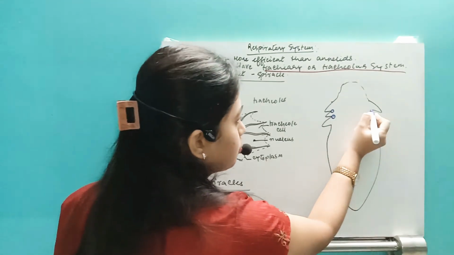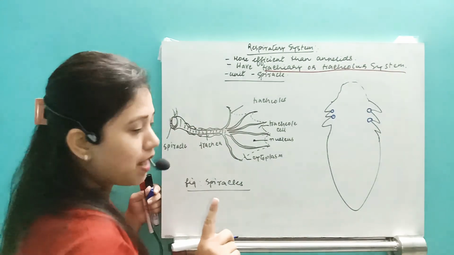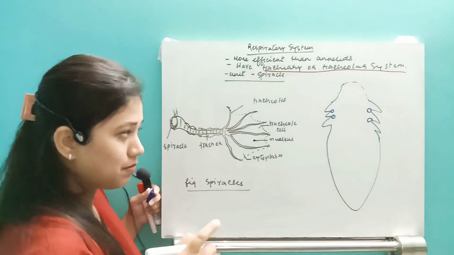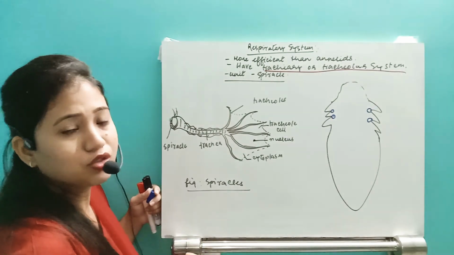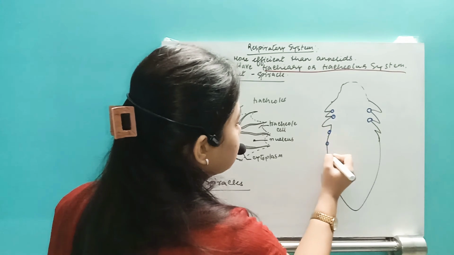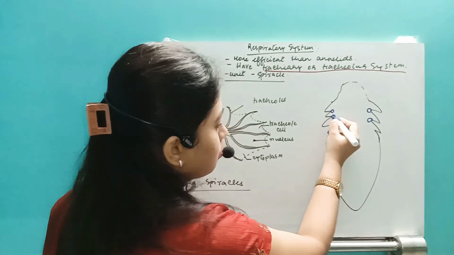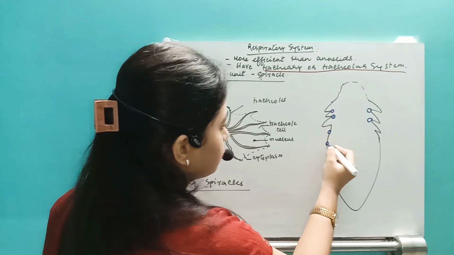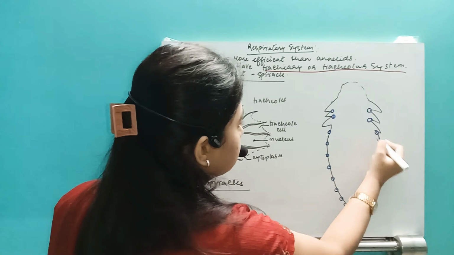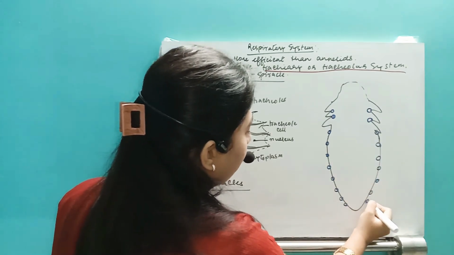The same on the other side. That means in the thorax region they have two spiracles. Then in the 8 abdominal segments, they have 8 spiracles: 2 here in the thorax region, and 1, 2, 3, 4, 5, 6, 7, 8. This way they have spiracles all over the body.